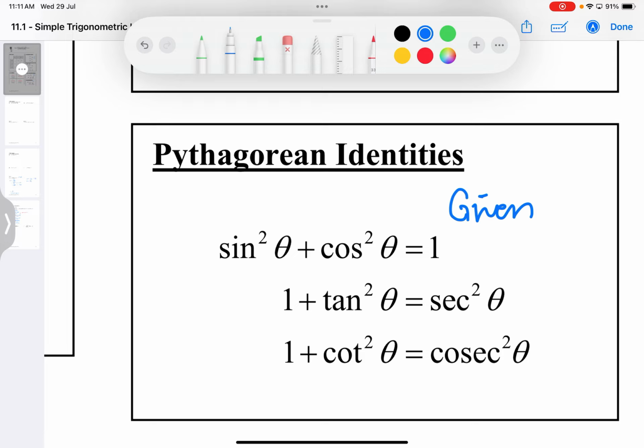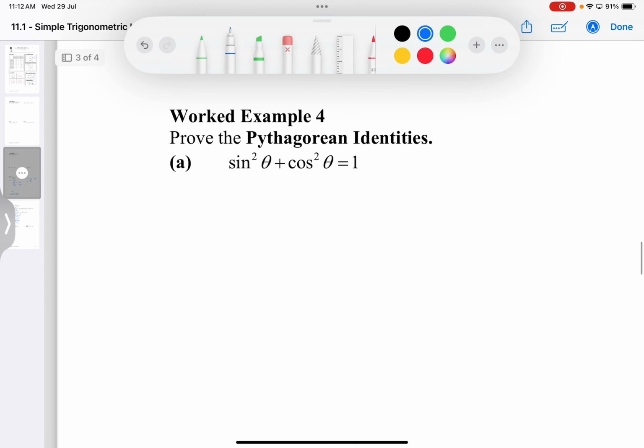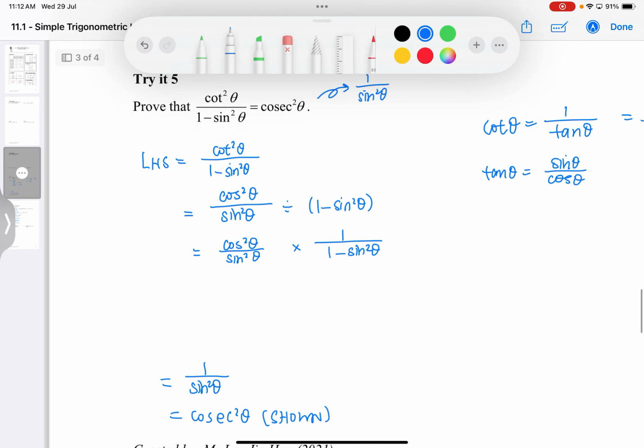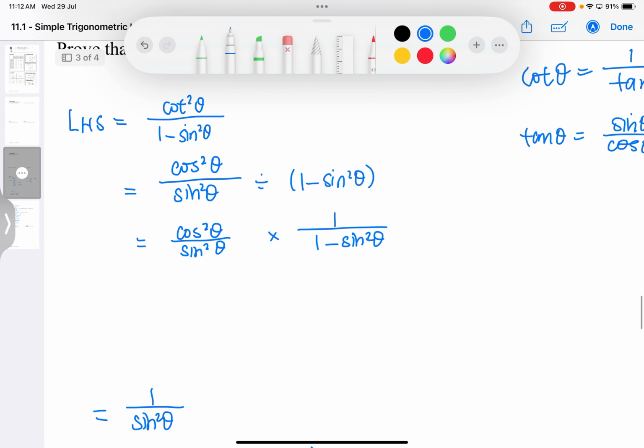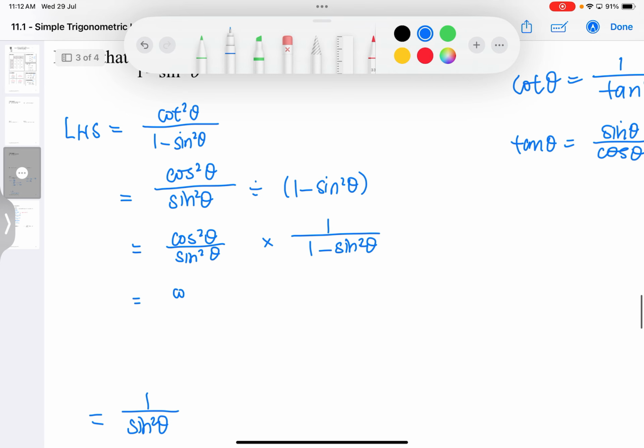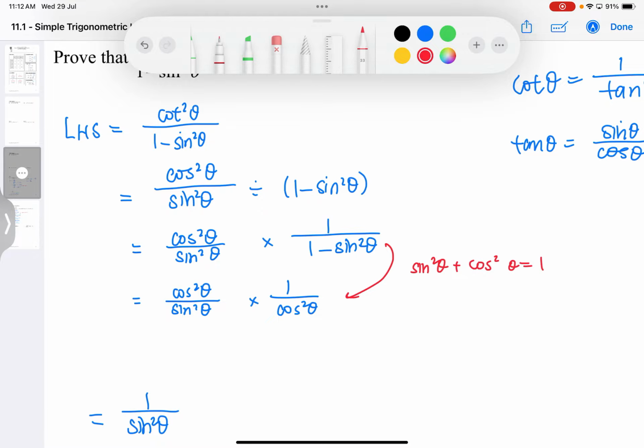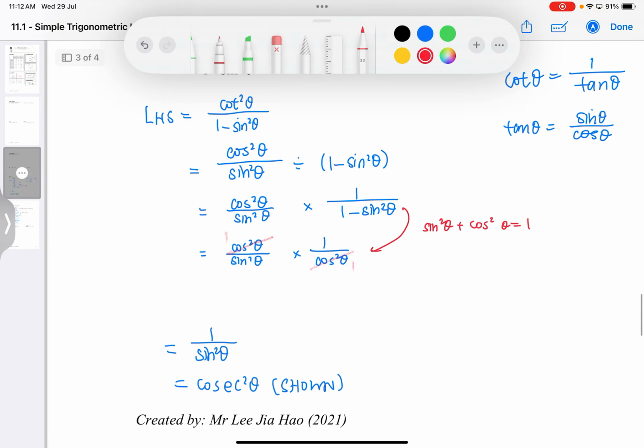So the denominator will now become cosine square. Same thing, the Pythagorean identity: sine square plus cosine square equals 1. From here you can see there is a common factor. So therefore, the answer is that. Done.